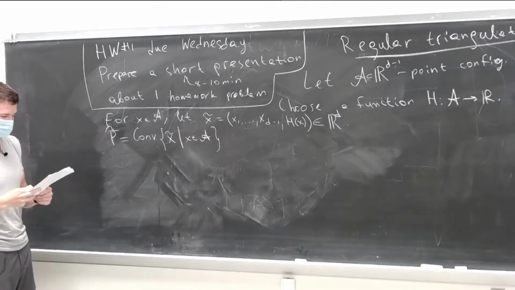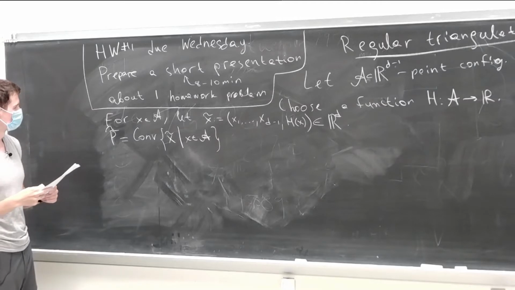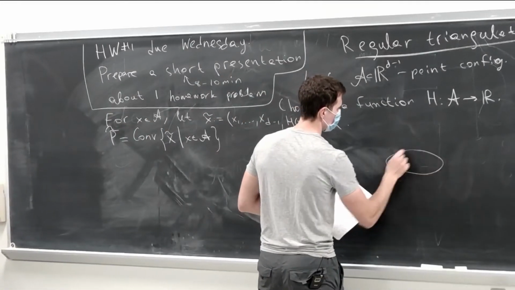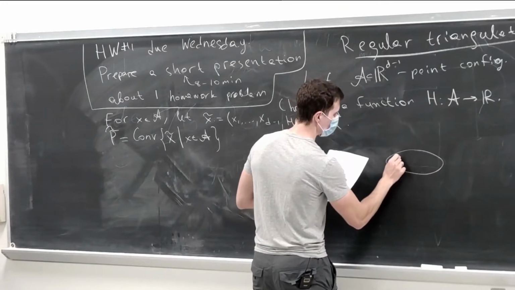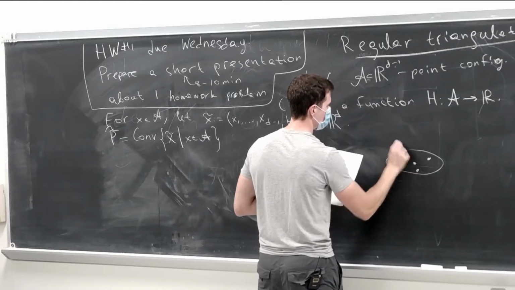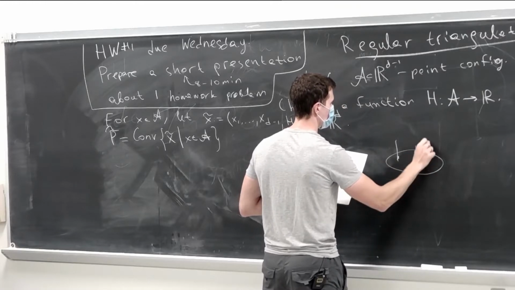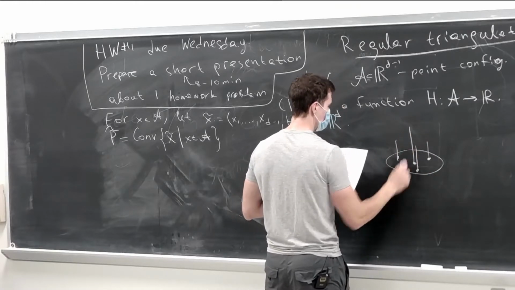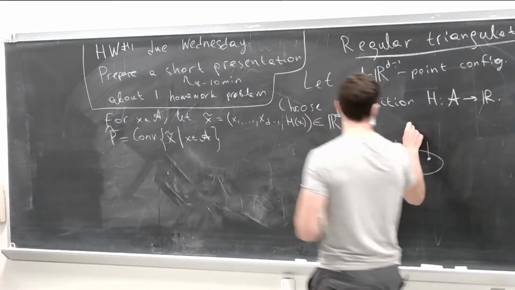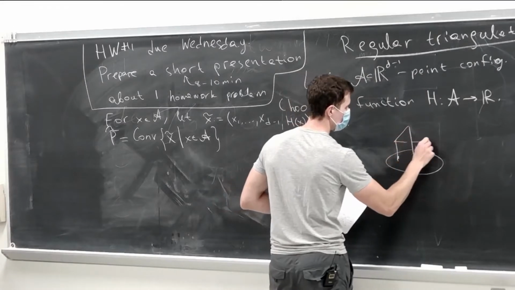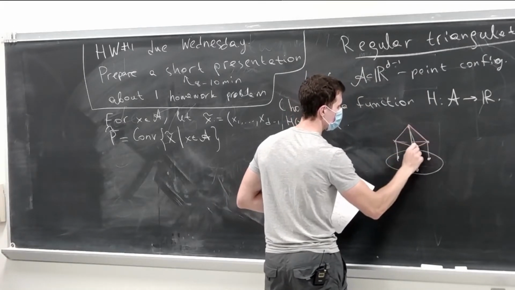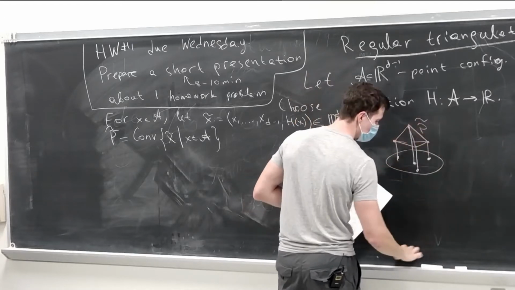And now the picture that I drew last time was, if A looks like this, then maybe I can lift all points like this and get a tetrahedron, this P tilde.